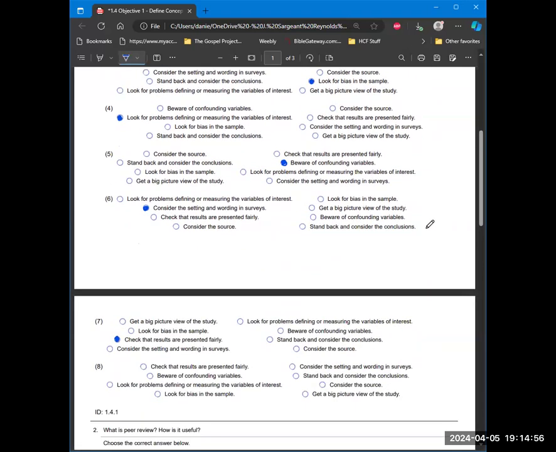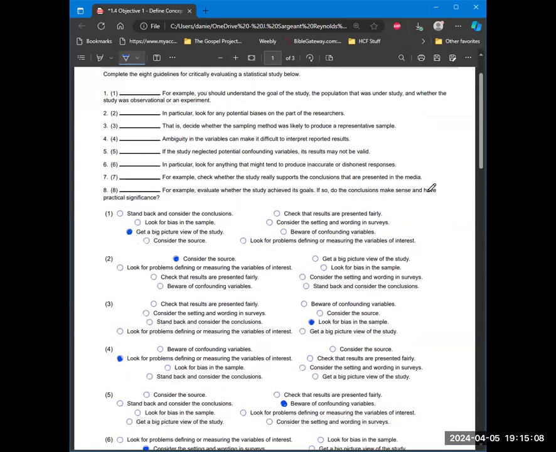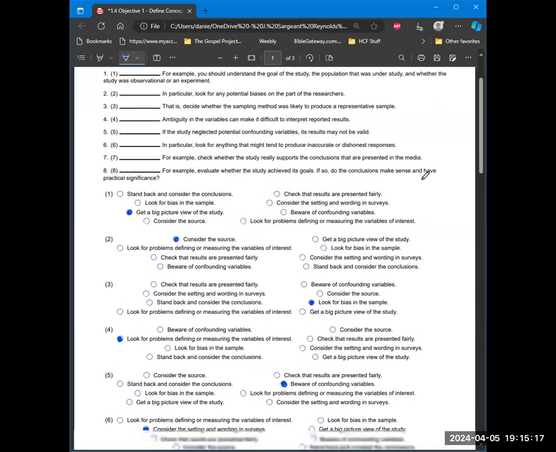And then 8, stand back and consider the conclusions. So, and they tell us here, for example, evaluate whether the study achieved its goals. If so, do the conclusions make sense and have practical significance?